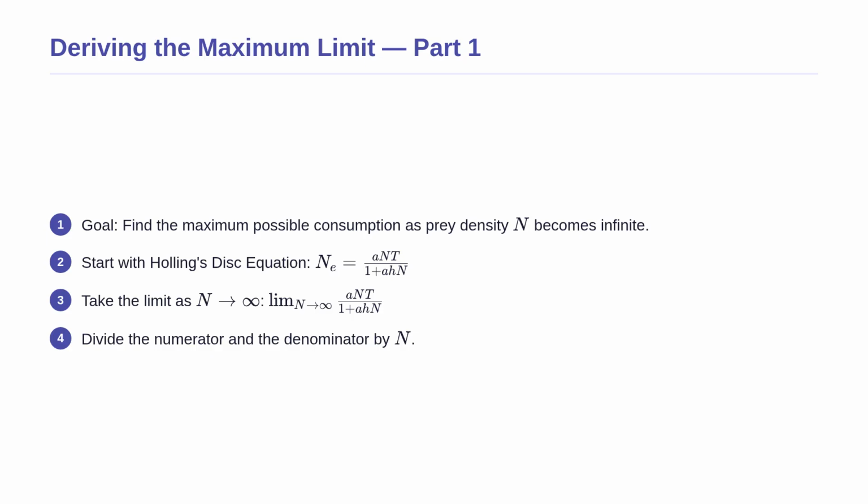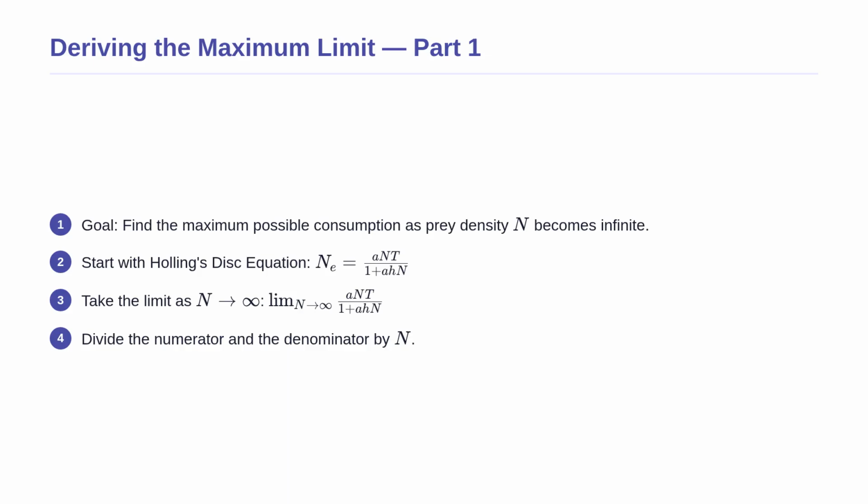We just saw in our example that the spider's consumption did not double, which brings us to an important mathematical proof. Why exactly does the consumption hit a physical limit? Let us look at Holling's disk equation and analyze what happens as the prey density, N, grows infinitely large. We are essentially taking the mathematical limit of the equation as N approaches infinity.